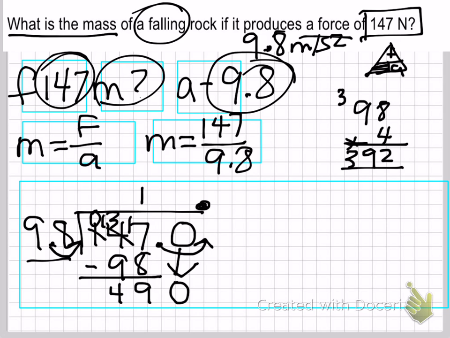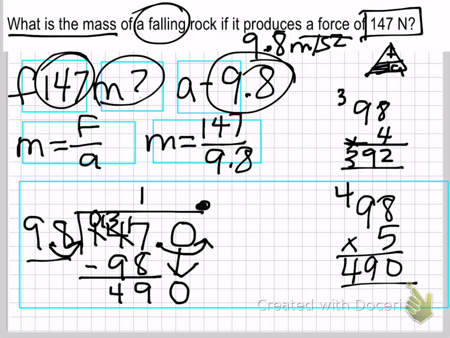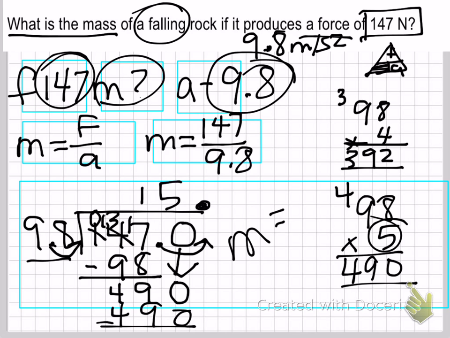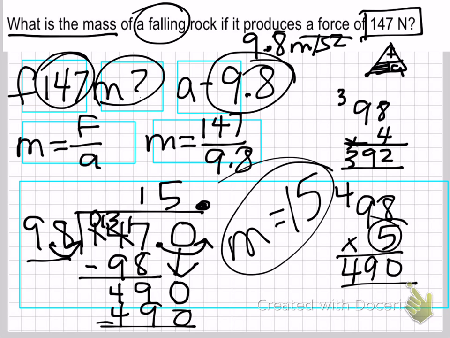Maybe I'll guess and check with 5. 98 times 5. 5 times 8 is 40. Carry the 4. 5 times 9 is 45, plus 4 is, hey, 490. Cool. So this number goes here. 5 times 98 is 490. 490 minus 490 is 0. I'm done. My mass is 15.